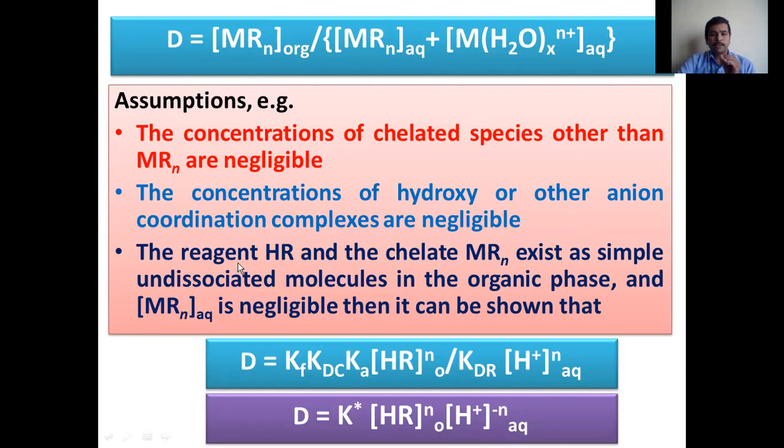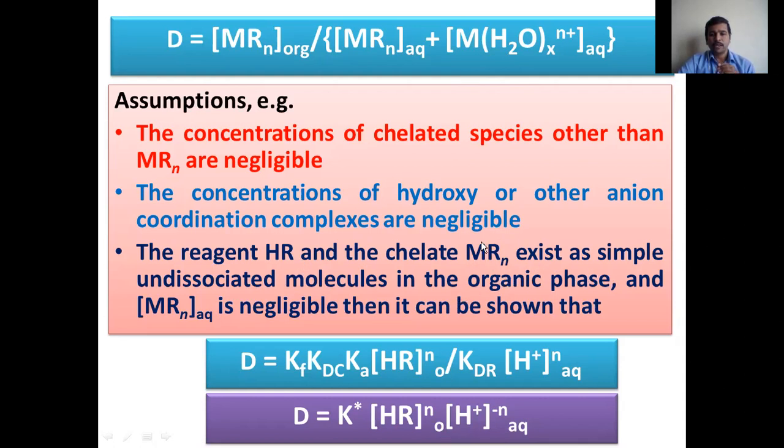Okay. And the other important assumption concerns the reagent HR, which we use in order to convert the metal ion into an uncharged metal chelate. So HR will be used and the chelate MRN is formed. Once MRN is formed, neither HR nor MRN should undergo dissociation.